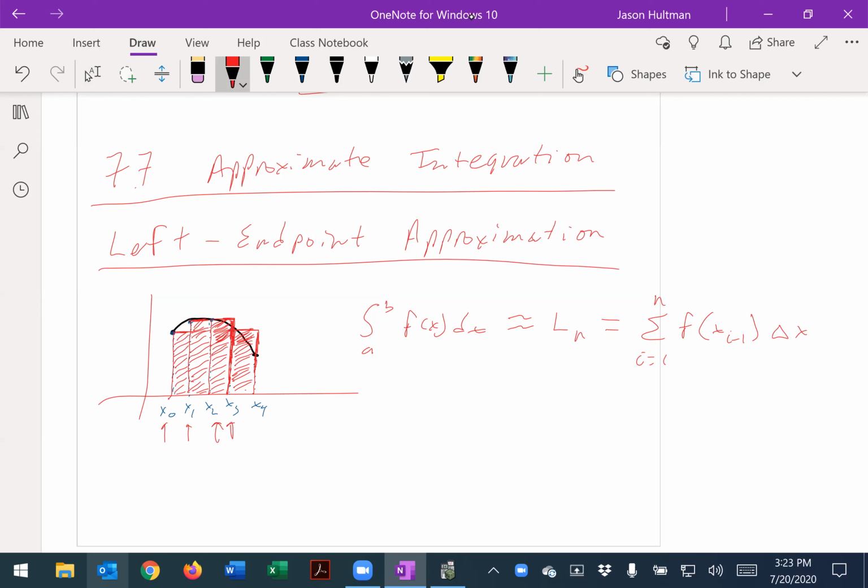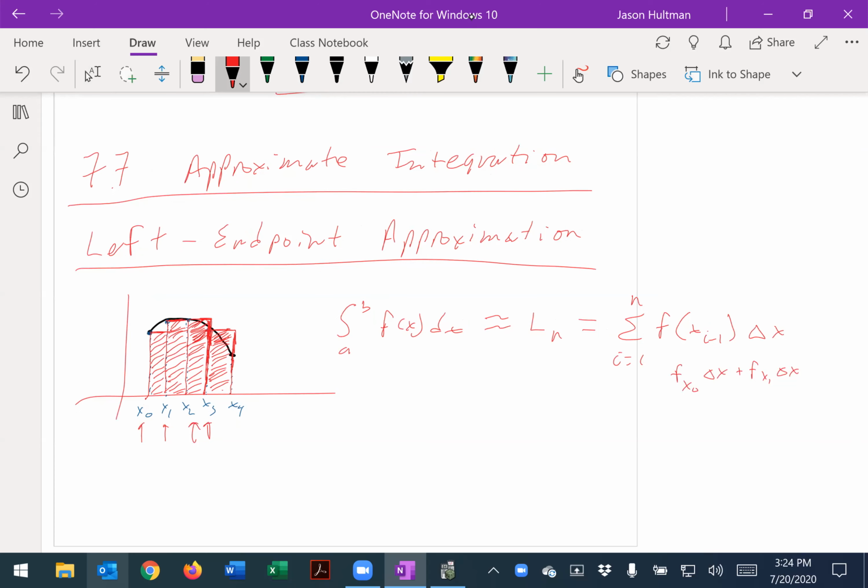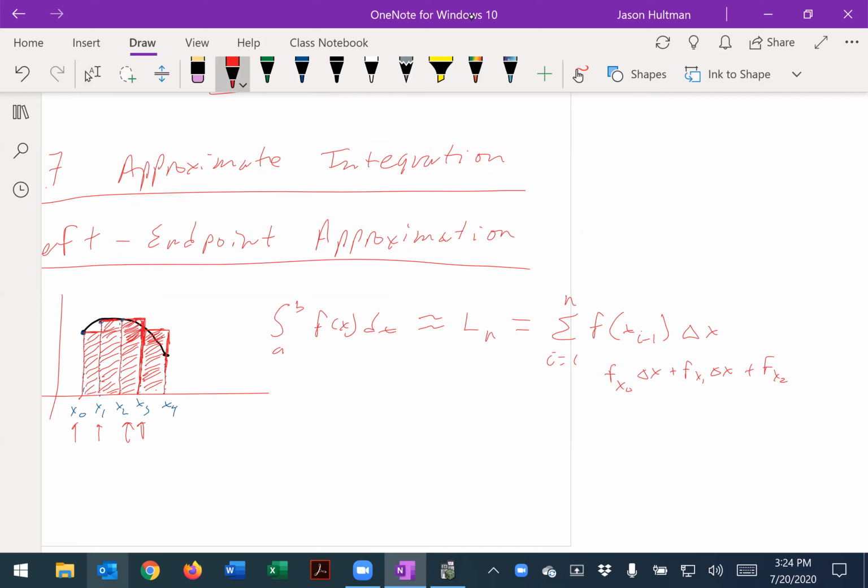And if we plug this in, this becomes f of x0 times delta x plus f of x1 times delta x, plus f of x2 delta x plus f of x3 delta x.